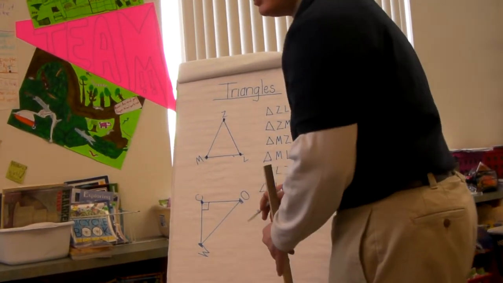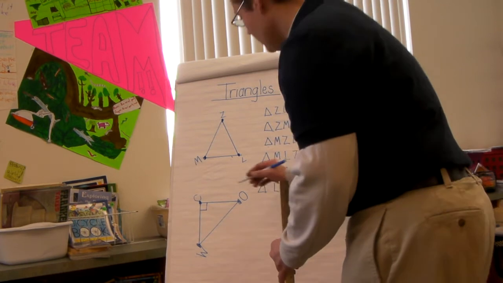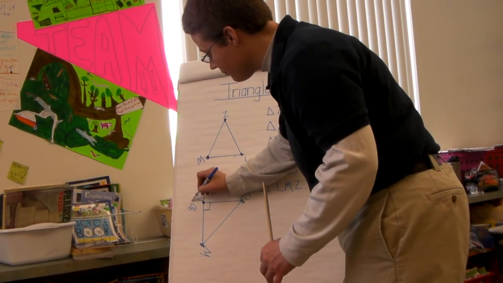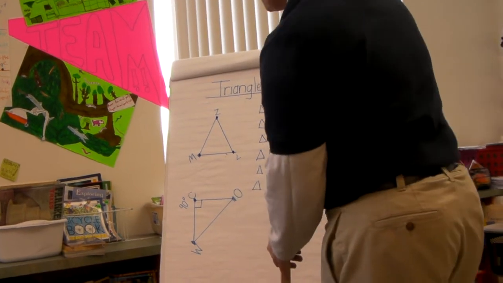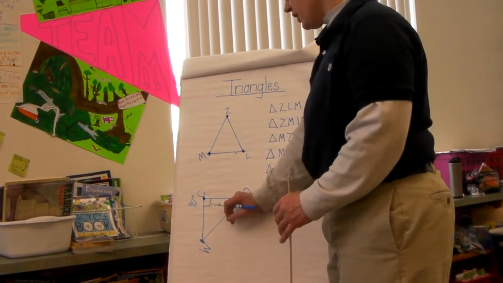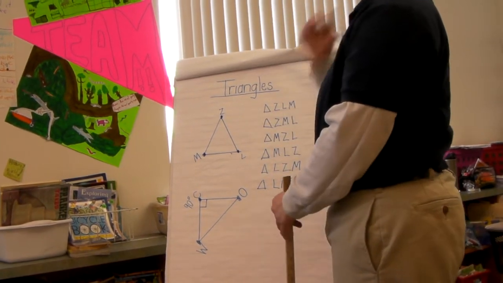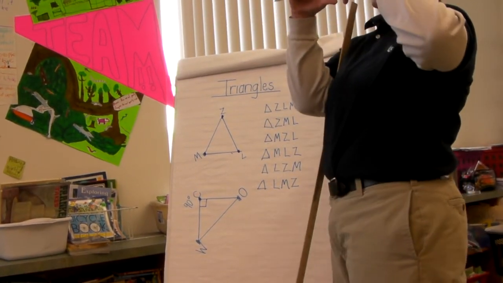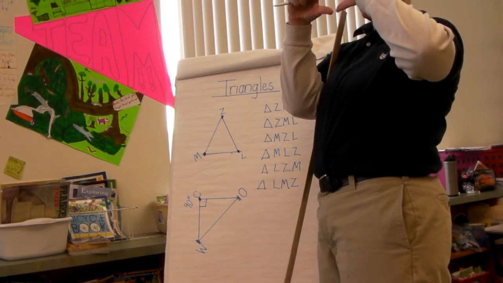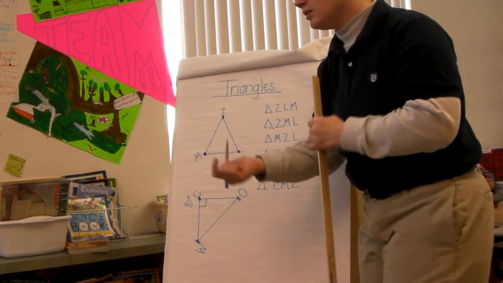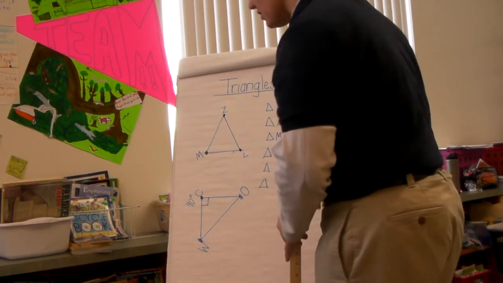And just for fun, for those of you who are thinking about it, right angles have 90 degrees. Does anybody have a guess about how many degrees altogether are going to be in a triangle? I want you to just get a guess in your head. You know a circle has 360 degrees. So I'm going to just tell you how many it has, and you can compare it to your own guess.